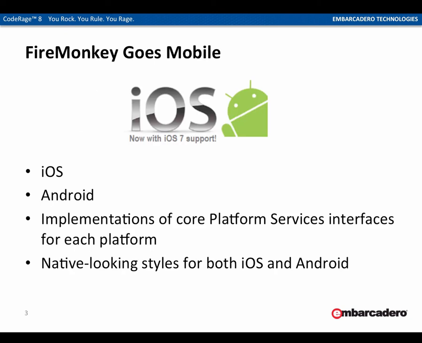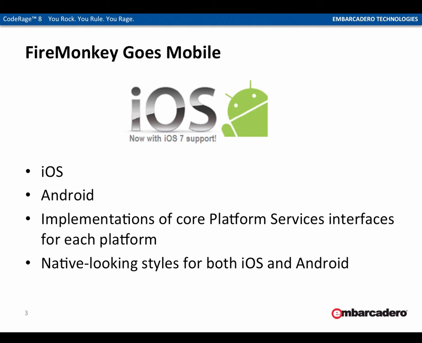FireMonkey applications can now run on two new platforms. It can run on Android devices and iOS devices. Getting the framework to run on these new platforms means that we had to write implementations of the core FireMonkey platform services for both iOS and for Android.